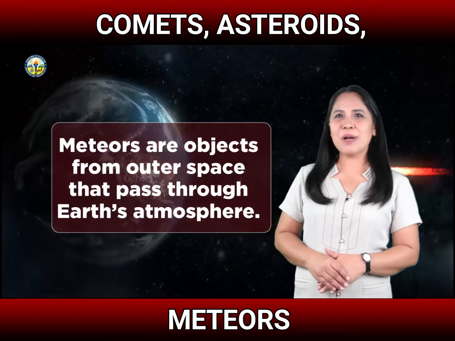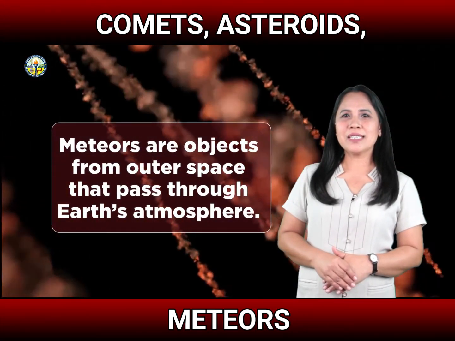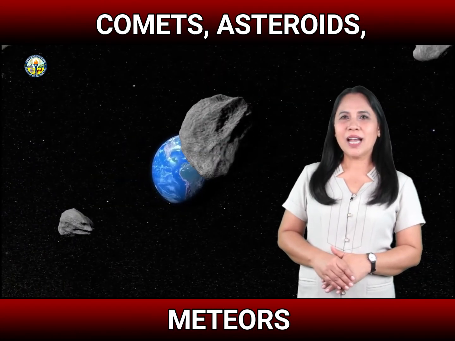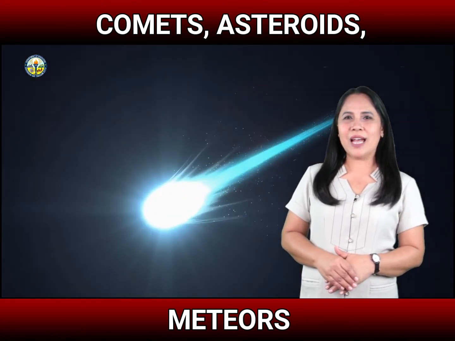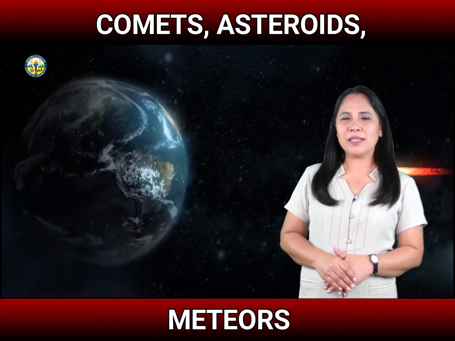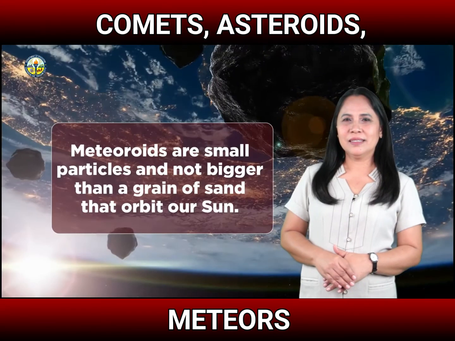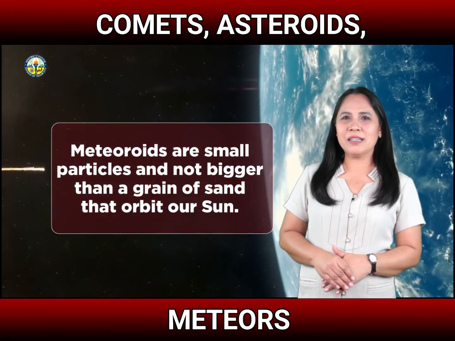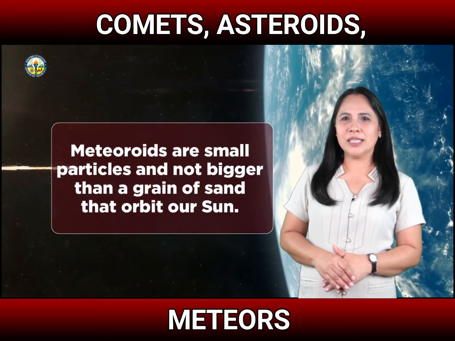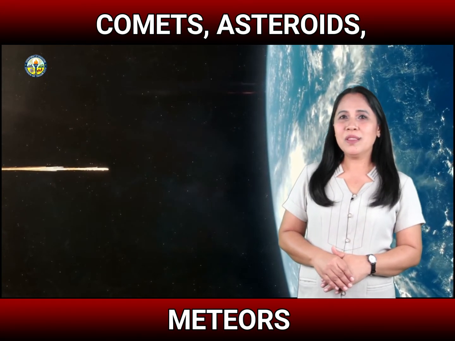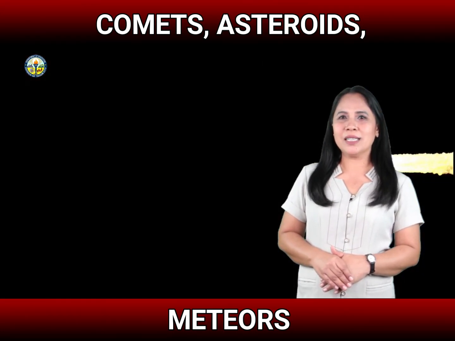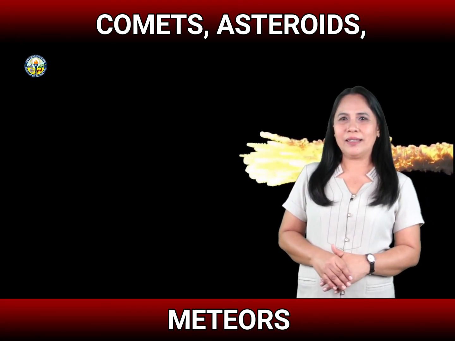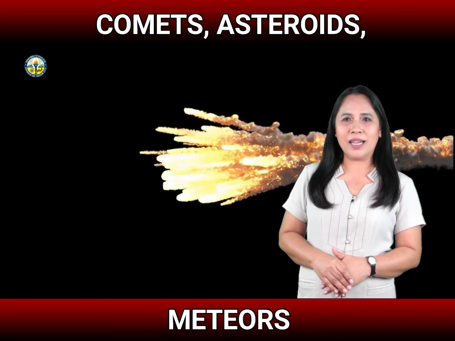Meteors are objects from outer space that pass through Earth's atmosphere. They may even be asteroids, tiny meteoroids, or the grains of dust from tails of dying comets. Meteoroids are small particles, not bigger than a grain of sand, that orbit our sun. Now, when these meteoroids enter our planet's atmosphere, they produce brilliant streaks of light that are visible in our sky.